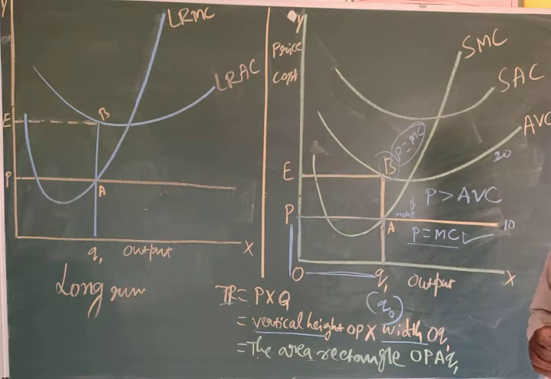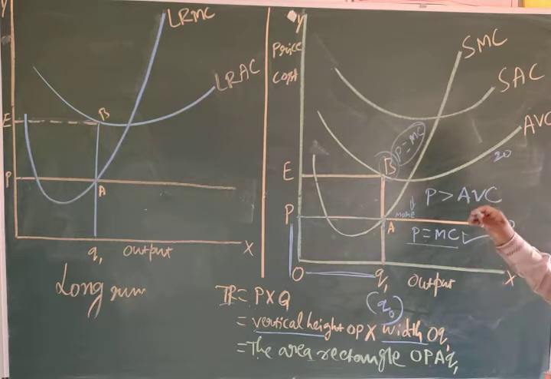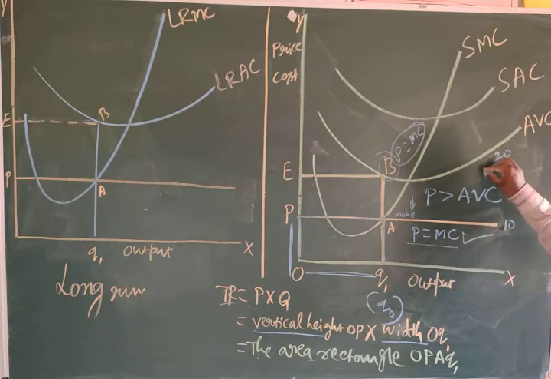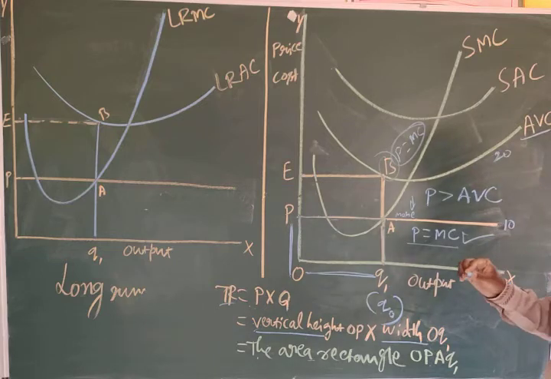It is highly impossible to produce more goods and services, because if produced like that, the average variable cost will increase. Average variable cost means the expenses incurred per unit of output.